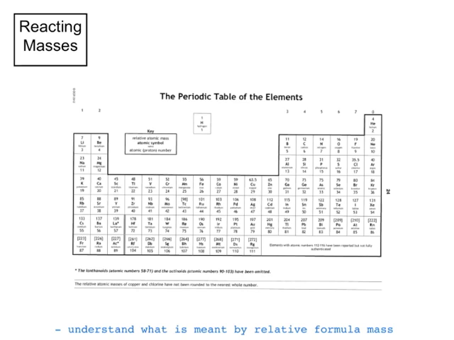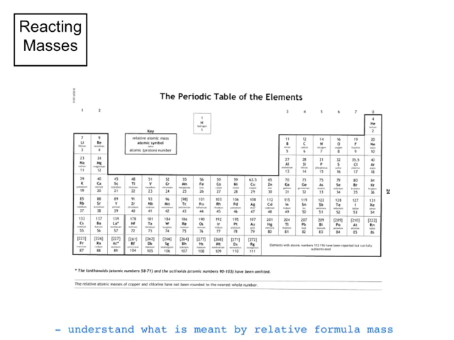The top number is what we're more interested in when we're talking about the relative formula mass. So what the top number tells you, so 4 for helium, 20 for neon, 19 for fluorine, 16 for oxygen, and so on. The top number tells you the relative mass of that atom.